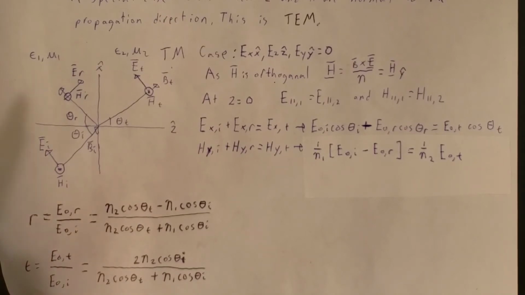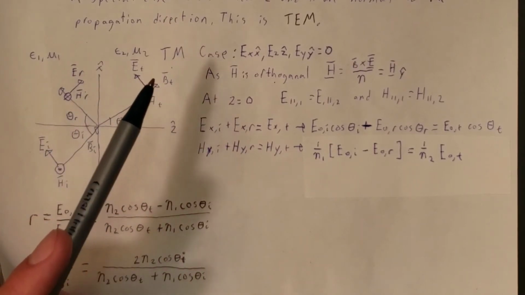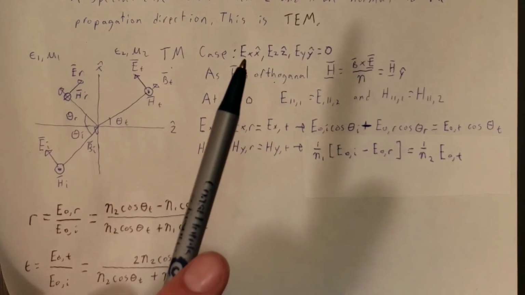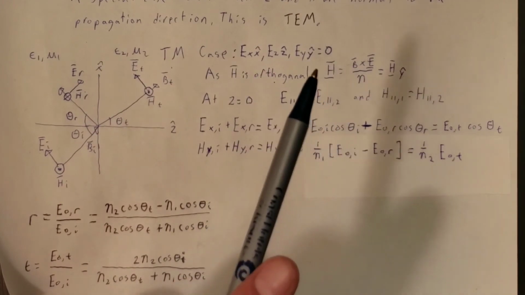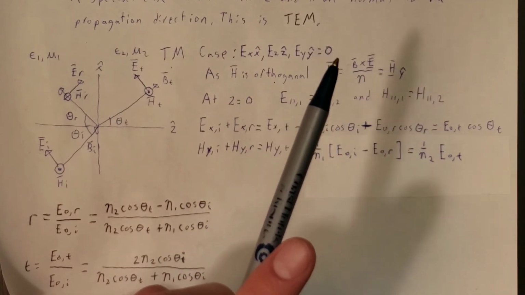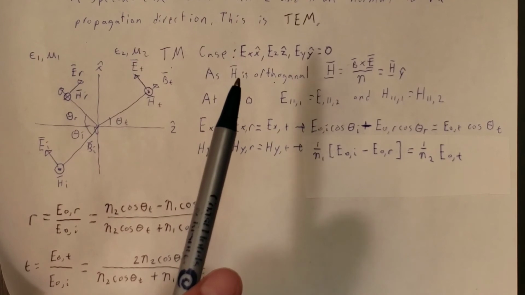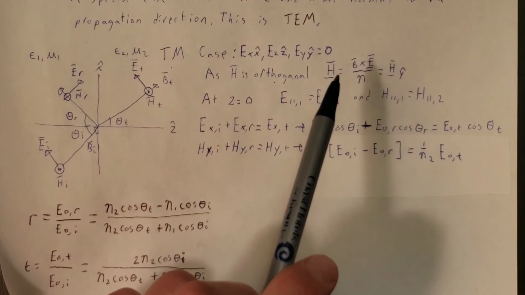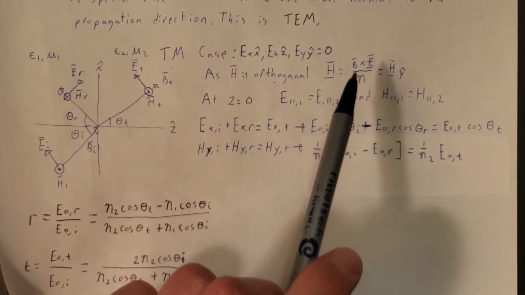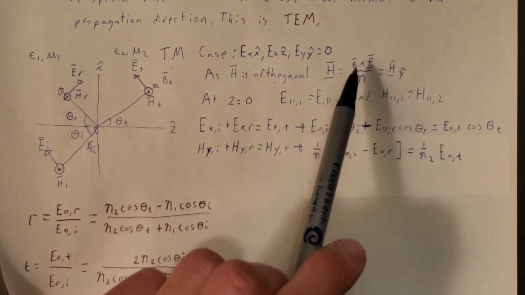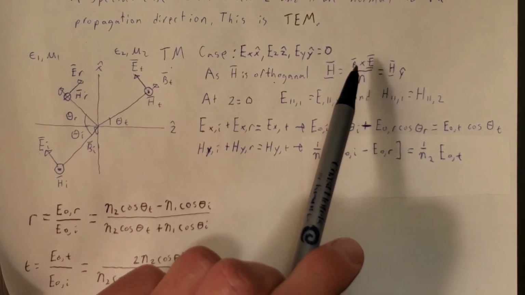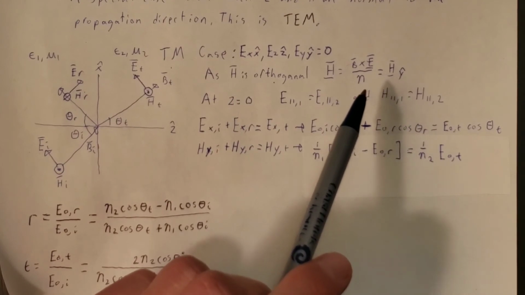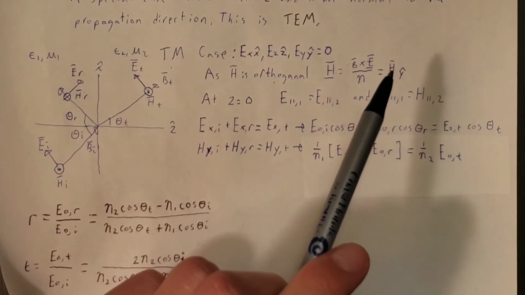So now I will analyze the transverse magnetic case, and we can see that the x hat and z hat components of the electric field have values, and that the y hat component is equal to 0. As the magnetic field is orthogonal to these, the magnetic field is equal to the direction of propagation crossed with the electric field over an impedance, and that means that it is in the y hat direction.